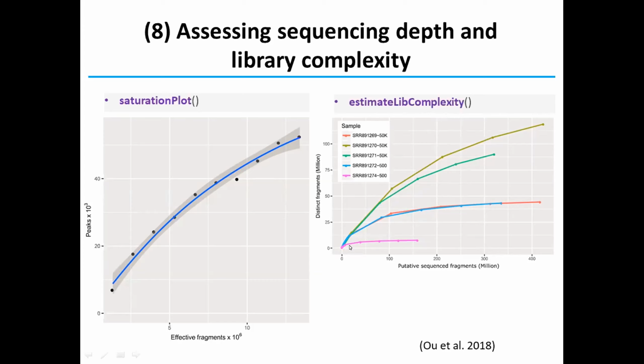After sequencing something like 10 million, the library was saturated. But for some other library, like this one, the green, you can see the library is barely saturated, even after sequencing for 400 million.